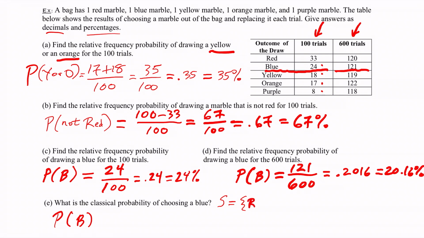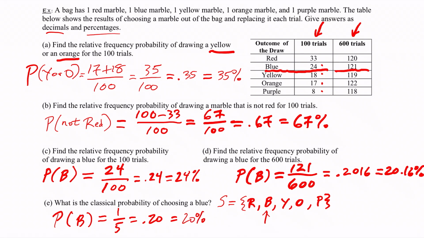It's either the red, the blue, the yellow, the orange, or the purple. And the blue one is really one of those 5 possible outcomes. So the probability of choosing a blue would be 1 divided by 5, or as a decimal, 0.20, and as a percent, 20%.